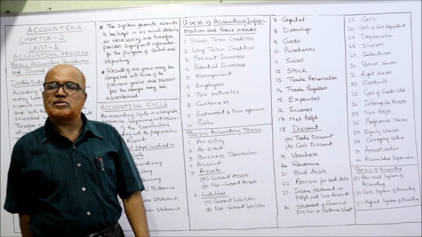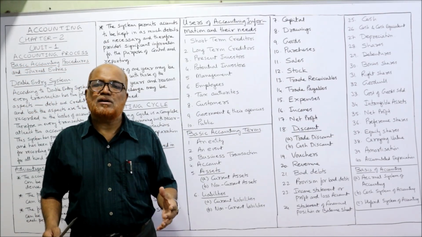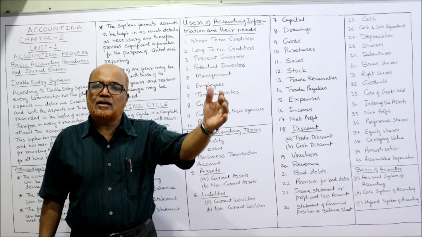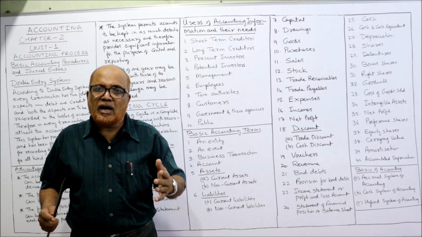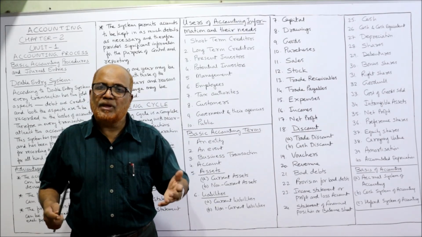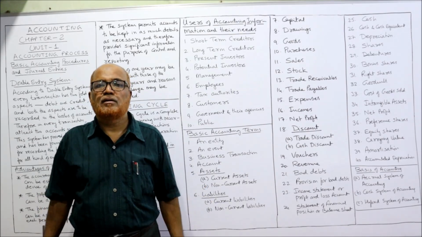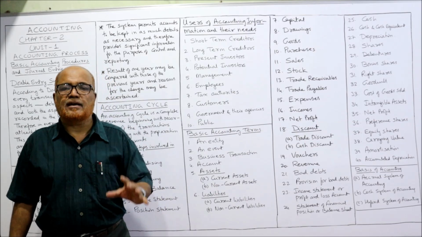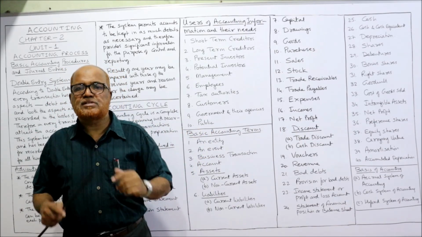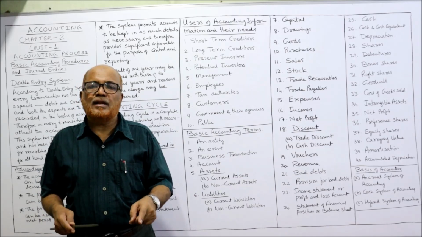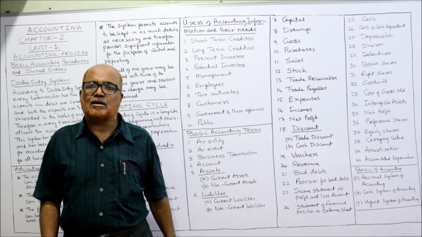Next comes customers. Nowadays many customers want to continuously get the goods from the business. If there is no continuity of receiving the goods, the business may collapse. Our business will be at stake. Example, XYZ company is the supplier of goods to ABC company. So ABC company is the customer of XYZ company.